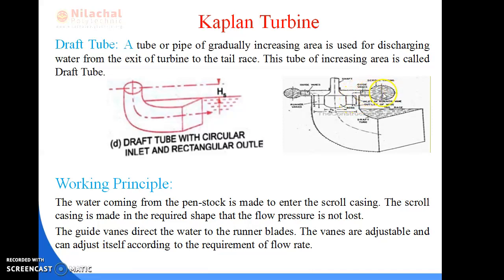The flow of water is carried from the scroll casing through the guide vanes, and the guide vanes make the water flow in such a way that it enters at 90 degrees, so the axis of rotation and the flow direction of water are parallel to each other. The water enters the runner, also known as the boss, which is fixed with the blades.